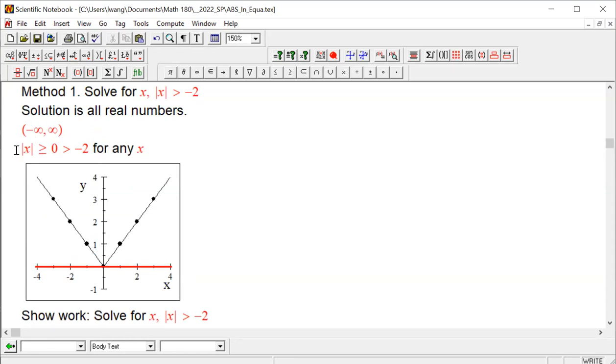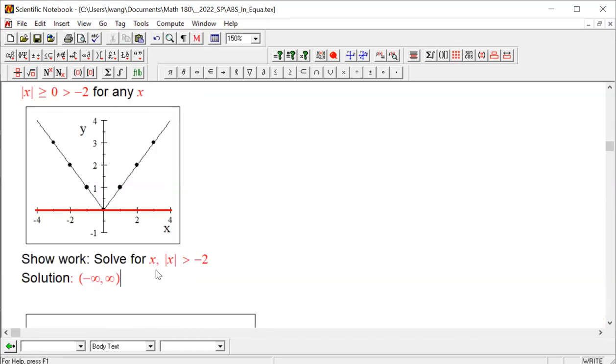And because, if you'd like to really give a reason for the reader, which I usually appreciate, right? 0 is larger than -2 always. So every number whose absolute value is going to be larger than -2, every number is going to be a solution.